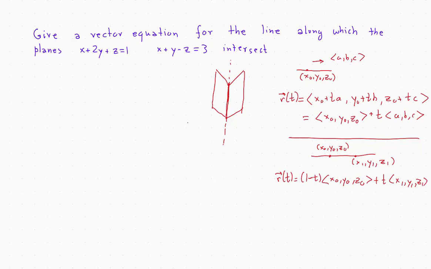However, I would like to really focus on this. So I would like to find a point that belongs to both planes. And then I would like to find a vector which is parallel to the line of intersection. So, of course, here's the funny thing about it.